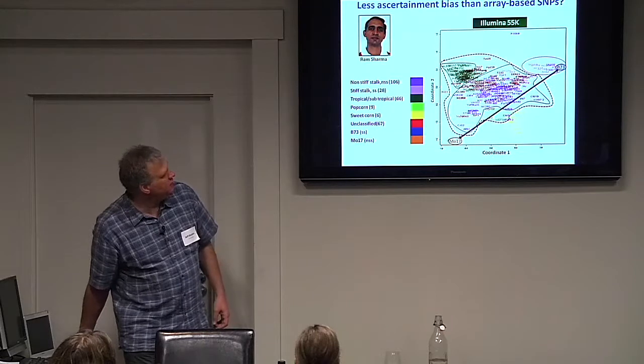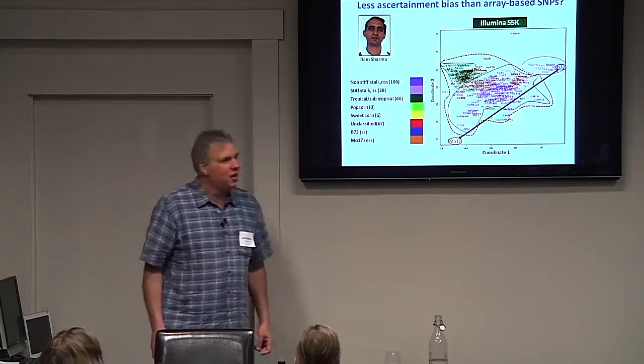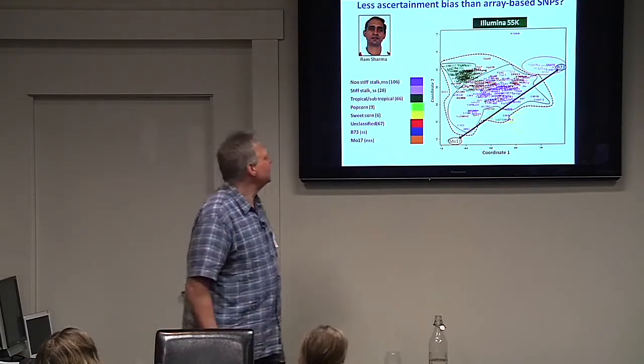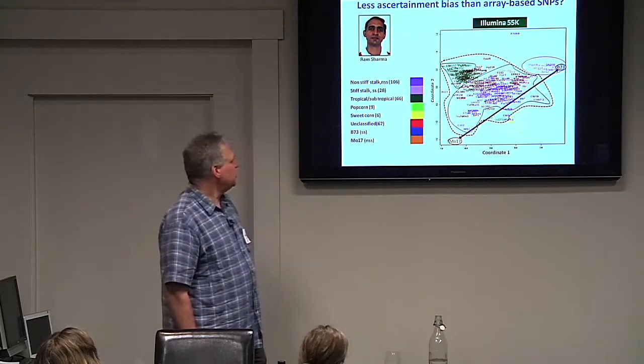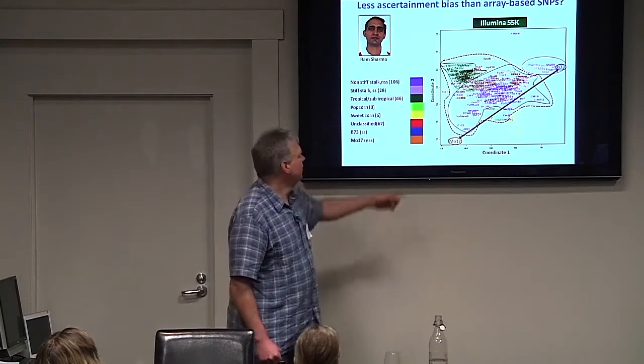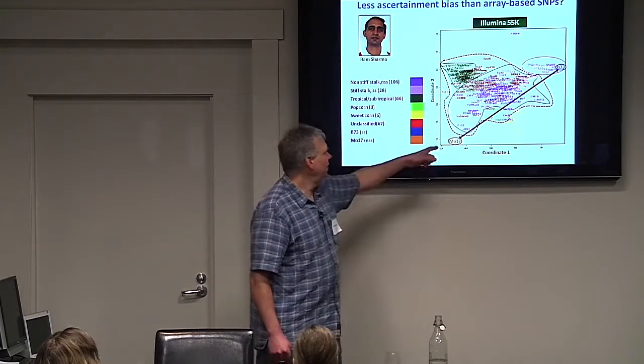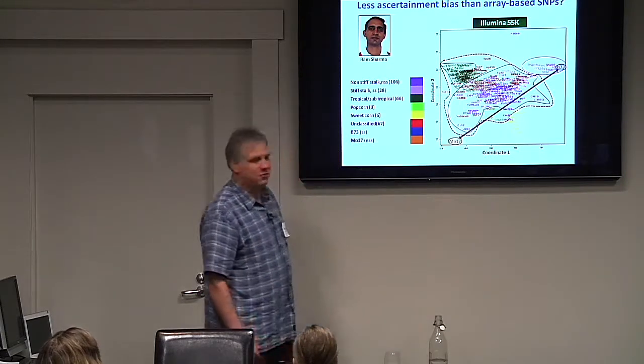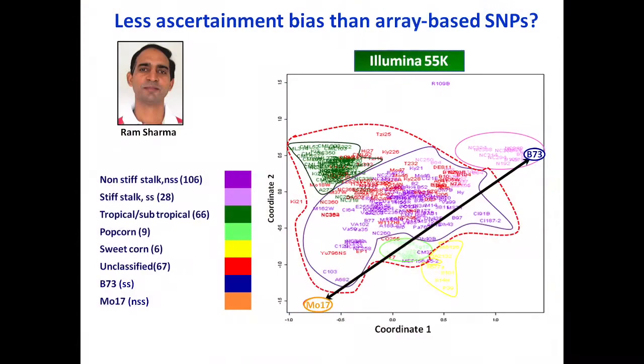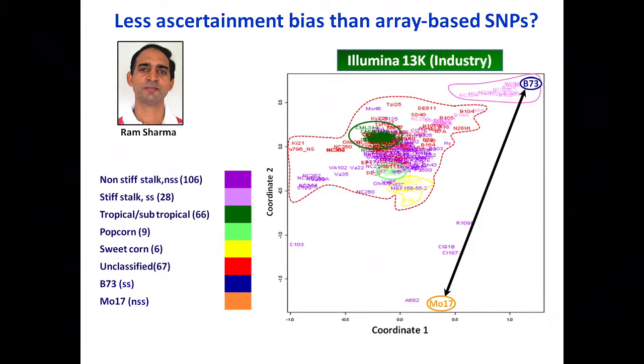Then if you look at the 55K or 50K SNP chip, this is what it looks like. The tropical stuff is all crunched down to this little ball, and B73 and Mo17 look really, really different. This 55K chip has 13,000 SNPs that come from industry, a certain anonymous company.